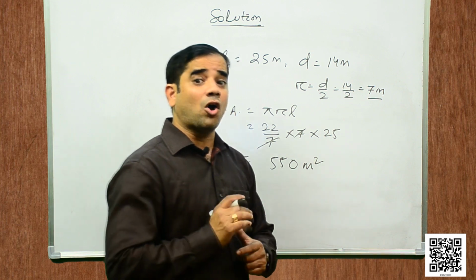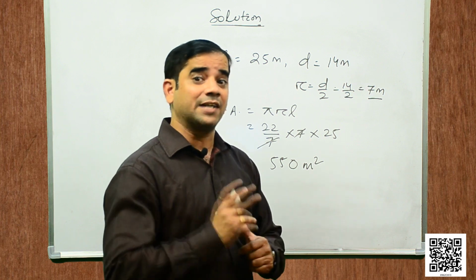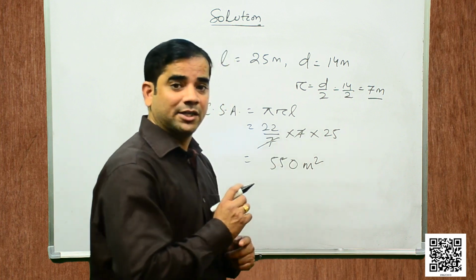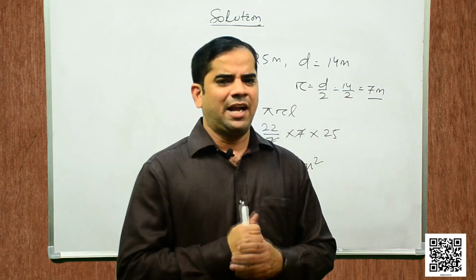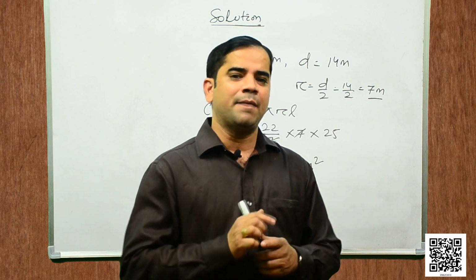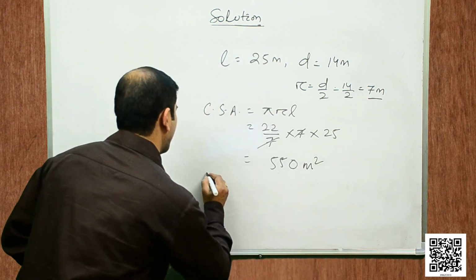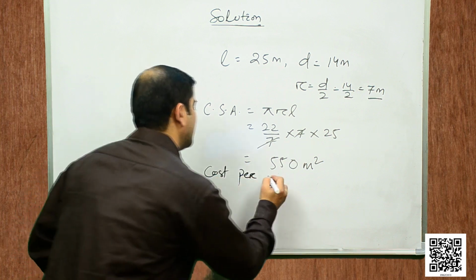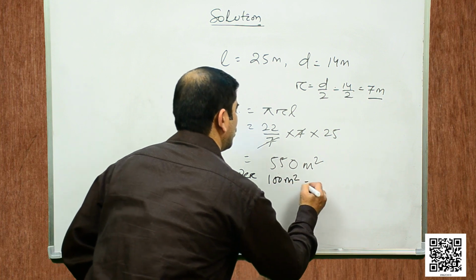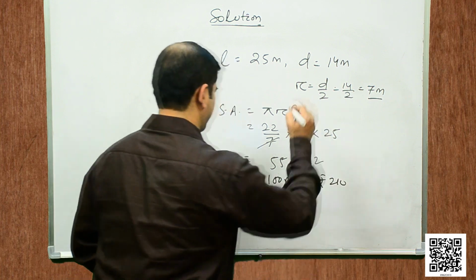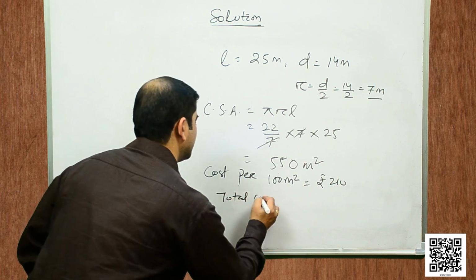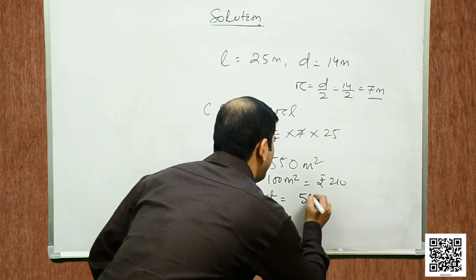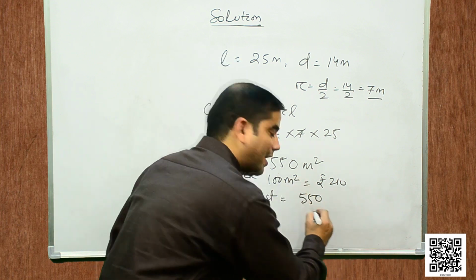What else? Find the cost of whitewashing its curved surface area at the rate of 210 rupees per 100 meter square. Okay, per 100 meter square cost is 210. Hence, the cost for 550 meter square. We need to write this statement as cost per 100 meter square is equal to rupees 210. So total cost will be equal to 550 divided by 100.